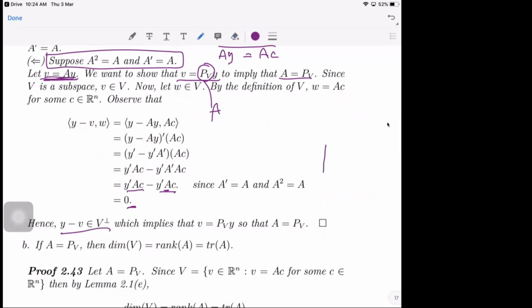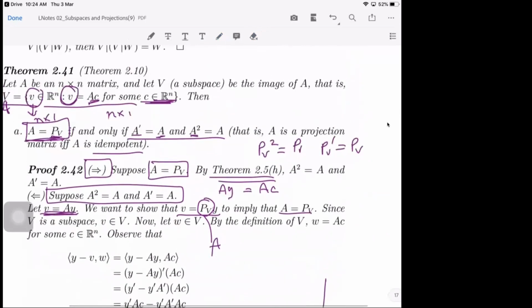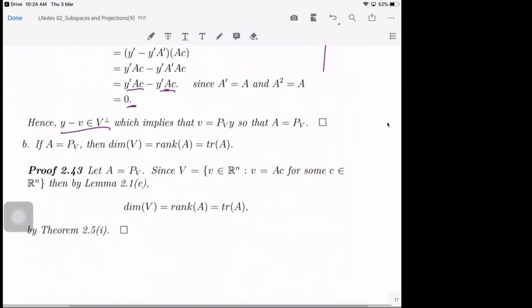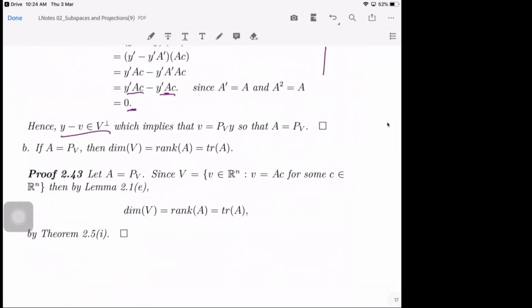So that is the proof of this theorem 2.10. And part B says here that if A is the projection, then the dimension of V is equal to the rank of A, which is equal to the trace of A.